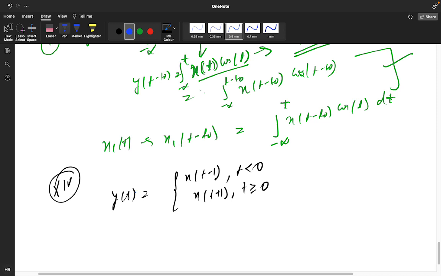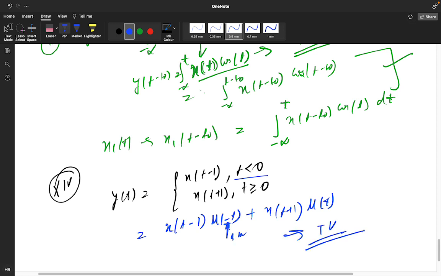What does this function mean? In equation form, t less than 0 means x of t minus 1 into u of minus t, and t greater than or equal to 0 means x of t plus 1 into u of t. Again, scaling is coming, so we can directly say it is time variant.